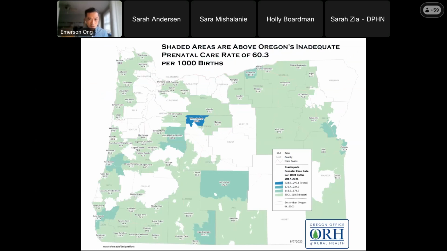For the state as a whole, 60.3 per 1,000 births have inadequate prenatal care. Places like Reedsport, Gold Beach, North Lake, East Klamath, Mackenzie Blue River have much higher rates, with Warm Springs at about 30% of their births having inadequate prenatal care.